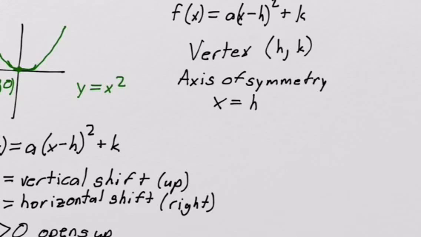And the only other thing that we would have to deal with is the zeros of the function to get the x-intercepts. But to do that, all we need to do is set the function equal to 0, and then we can solve it with our favorite manner to get the x-intercepts.